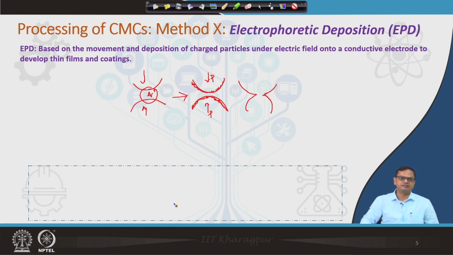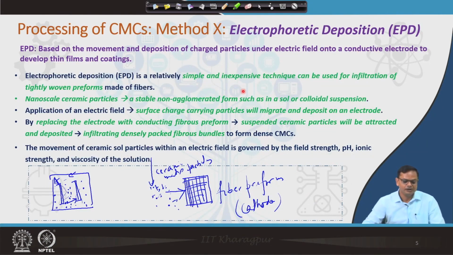Let us see what we have in our slides. It says that it is a simple and inexpensive technique that can be used to infiltrate tightly woven preforms with nanoscale ceramic particles which form a stable non-agglomerated form, such as in a sol or colloidal suspension.